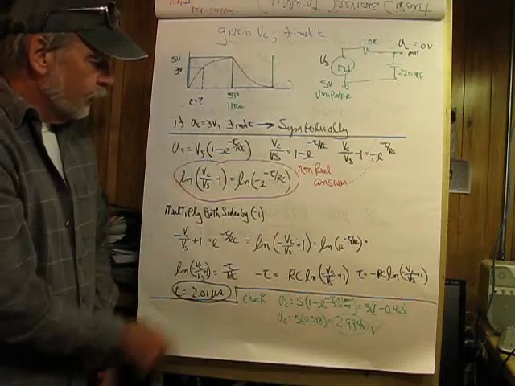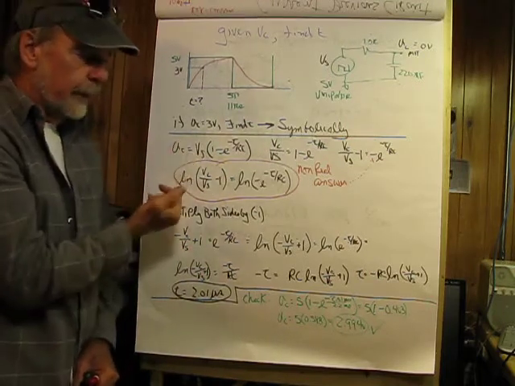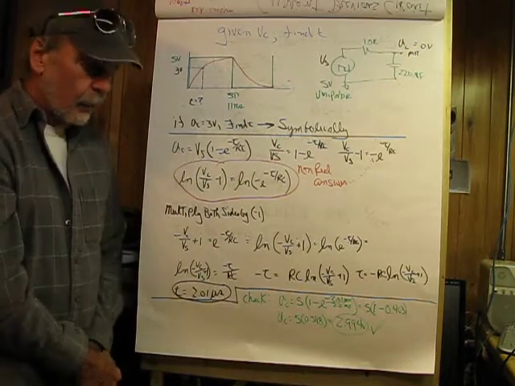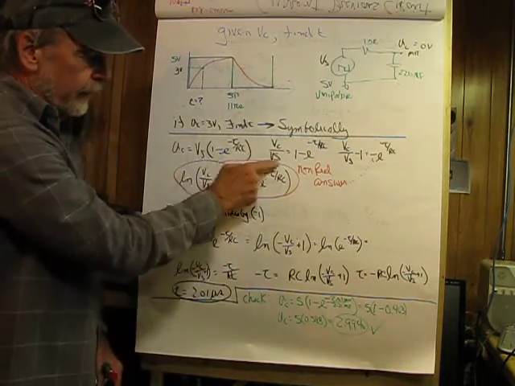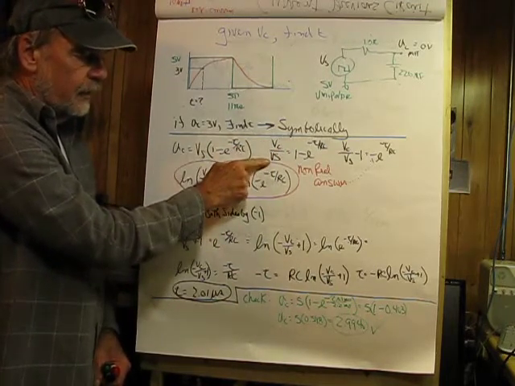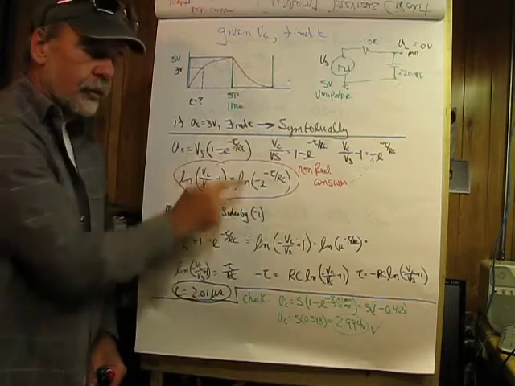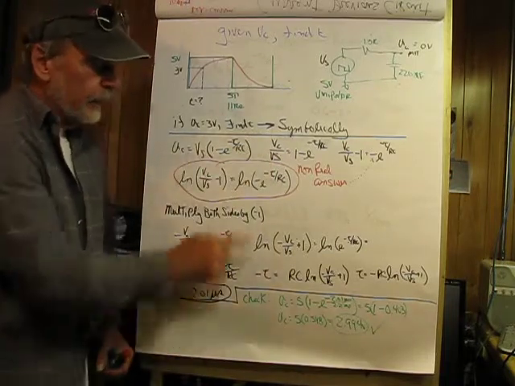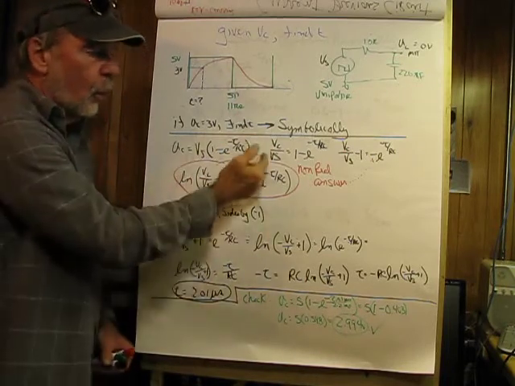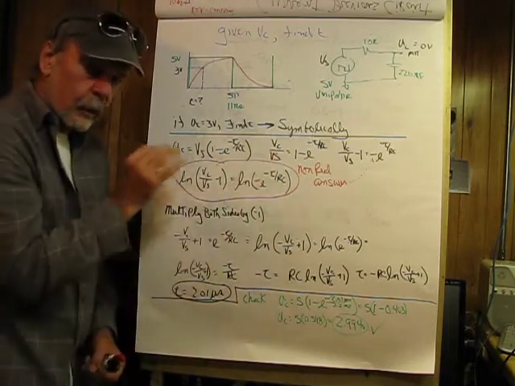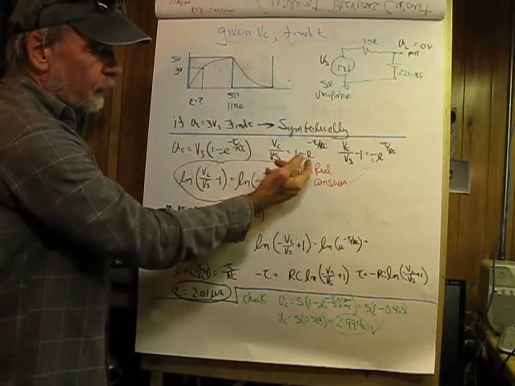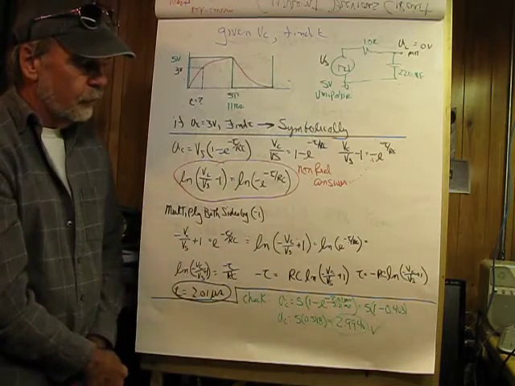So first thing we're going to do is get VS out of the way, and move it over to the other side by dividing both sides by VS. That gives us the capacitor voltage divided by VS, which at the maximum can be 1.0 or less, with a minimum of 0, equals 1 minus e raised to the negative t over RC.